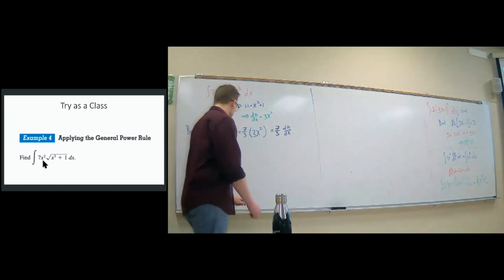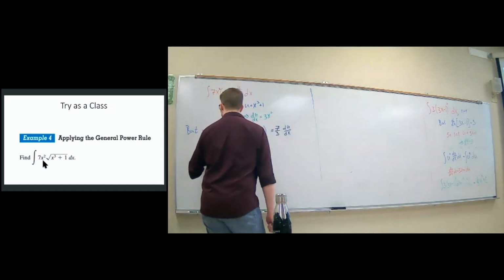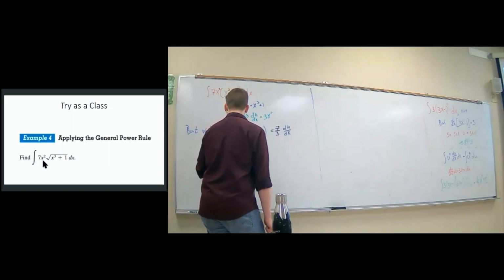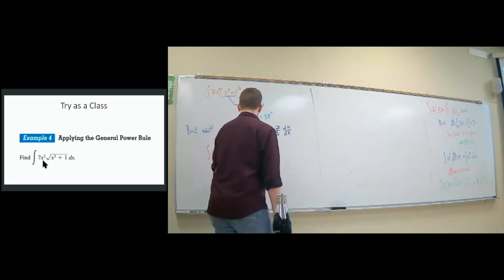Well, now we can start rewriting things. Now we've got the integral of 7x squared times the quantity x cubed plus 1 raised to the 1/2 power, integrated with respect to x.